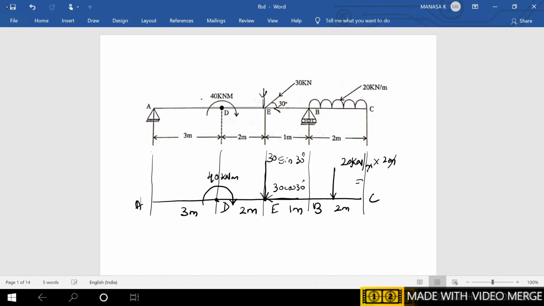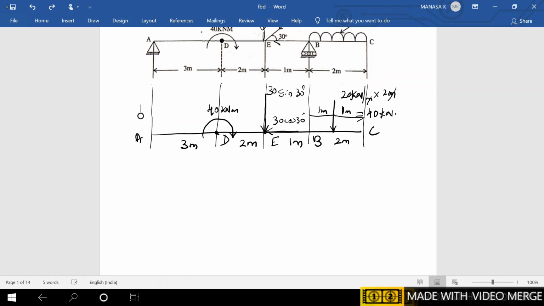Meter and meter get cancelled, so it is 40 kilonewton. So this is the intensity, and since this whole distance is 2 meter, it is acting at the middle, so at a distance of 1 meter and 1 meter from either point B and C.